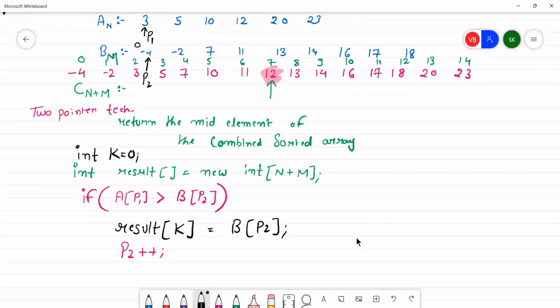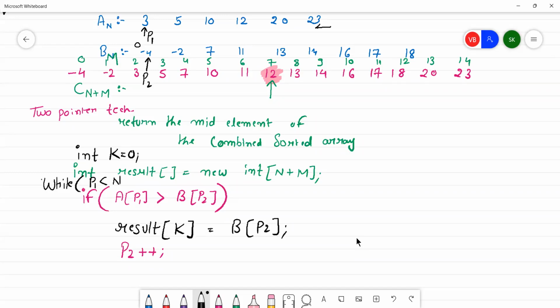As of now, we only run this loop while either your P1 is still less than N, okay?